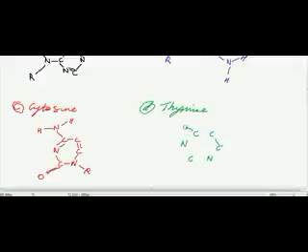So this carbon is connected to an oxygen with a double bond. This nitrogen is connected to a hydrogen. This carbon to another oxygen with a double bond. This to another organic molecule. And this carbon is connected to a carbon which is connected to two hydrogens. This is in fact a methane molecule.